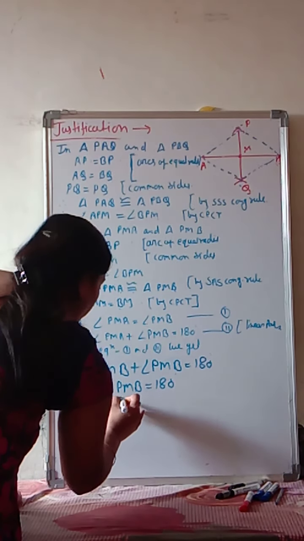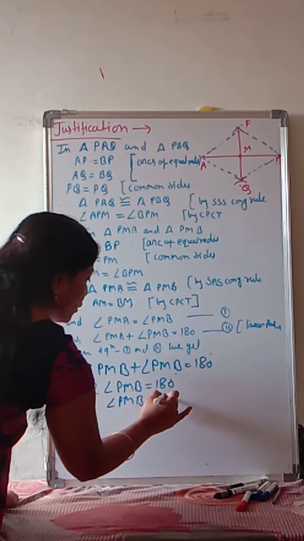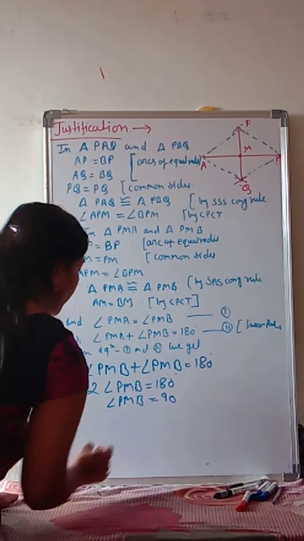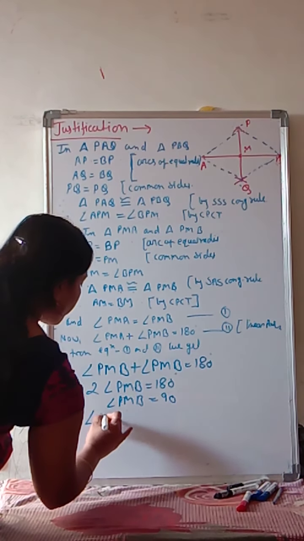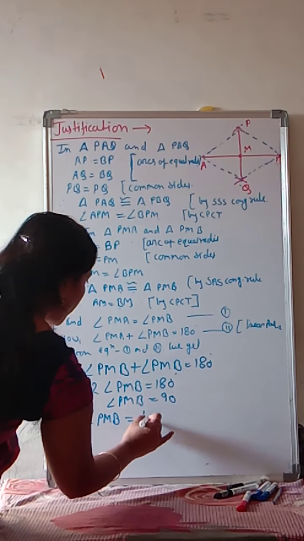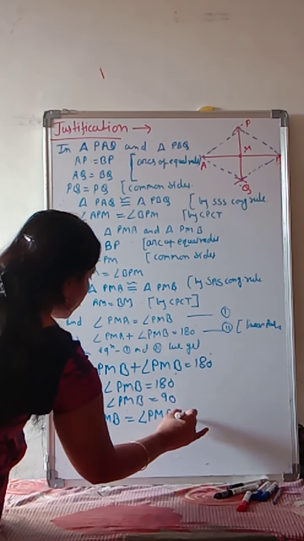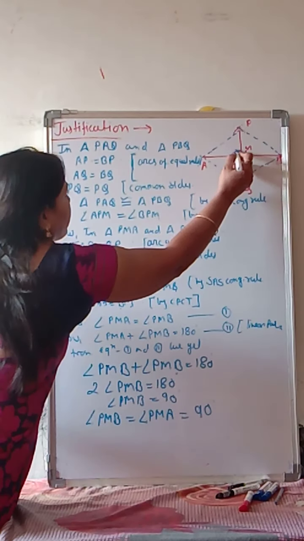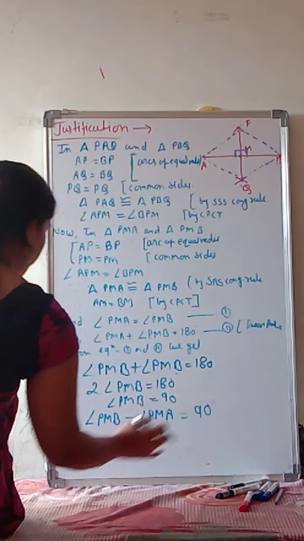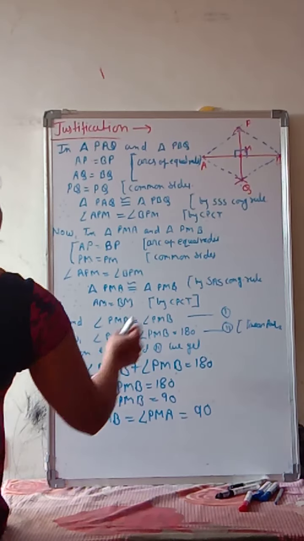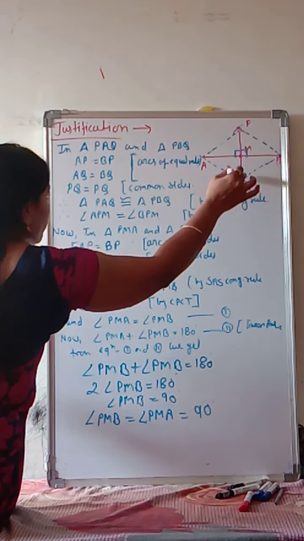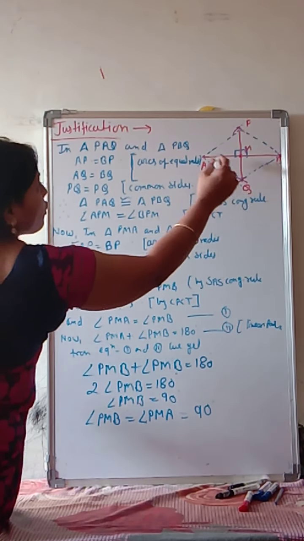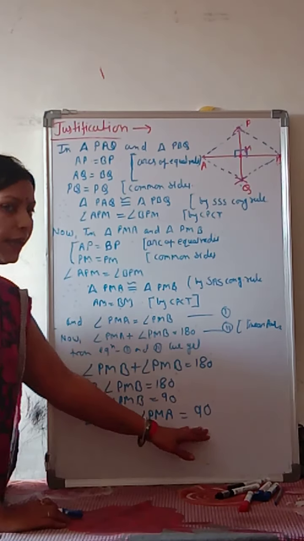It means angle PMB equals 90 degrees. Here angle PMB equals angle PMA, each angle will be 90 degrees. So hence proved, PMQ is a bisector of the line segment AB.